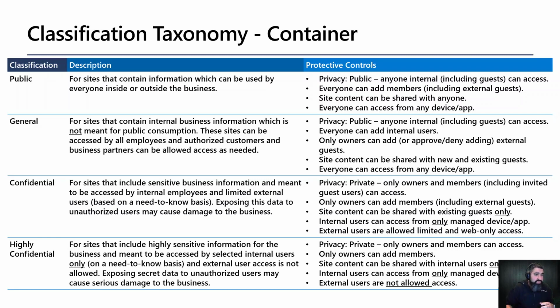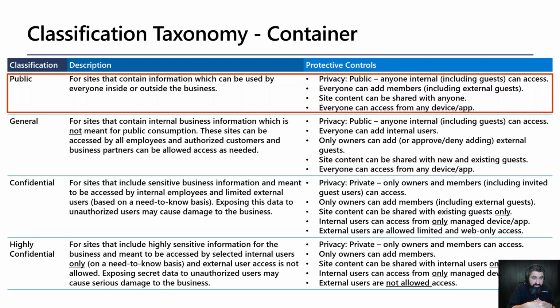So we came up with a structure or a taxonomy for the container labels as well. The first category for that container is the public container. As we discussed in the previous slide, public information can be accessed by anyone and shared with anyone. The public container can be accessed and published by anyone inside or outside the org. We have decided to just keep this site open.